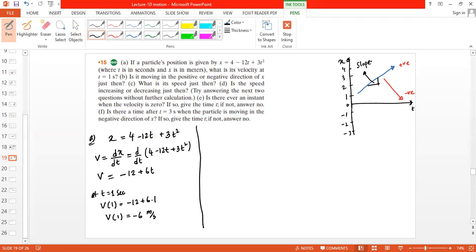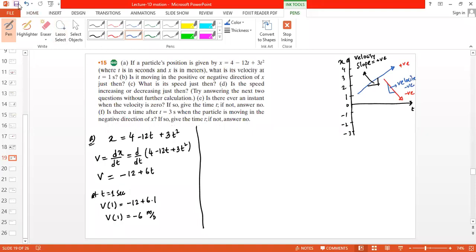Now, what does the slope mean? The slope of the position versus time curve is velocity. That means if an object is moving in positive x direction, its slope or velocity is positive. On the contrary, if an object is moving along negative x direction, its slope is negative. So velocity is negative.